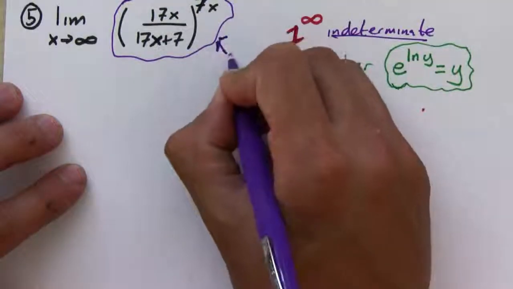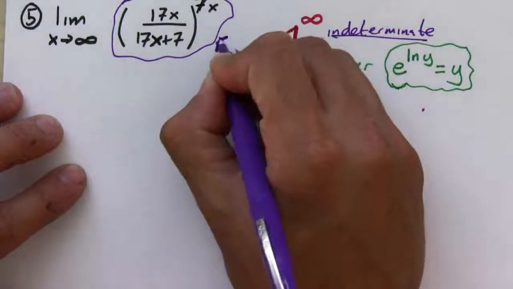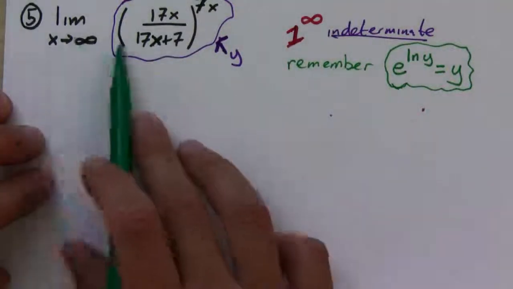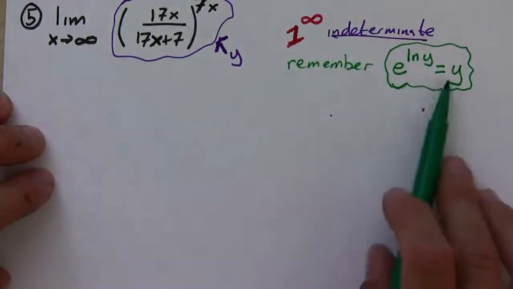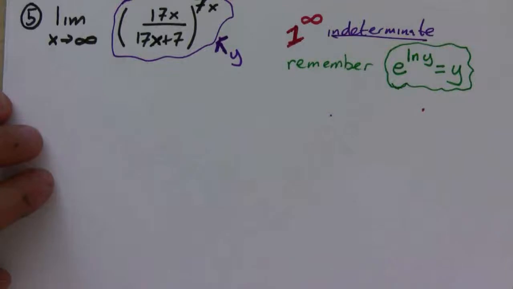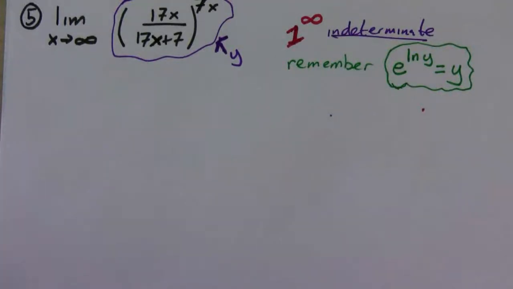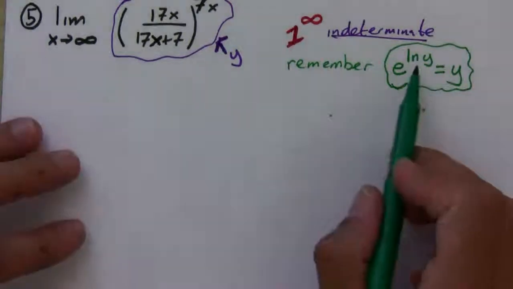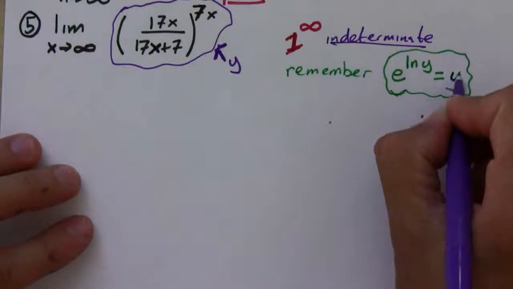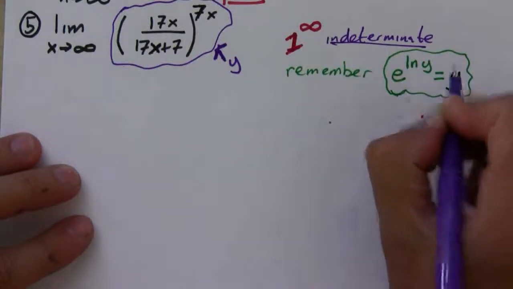This is like y in this purple bubble. So instead of getting the limit as x goes to infinity of y, we're going to get the limit as x goes to infinity of natural log of y. Let me color it, so the y is going to be the purple stuff.